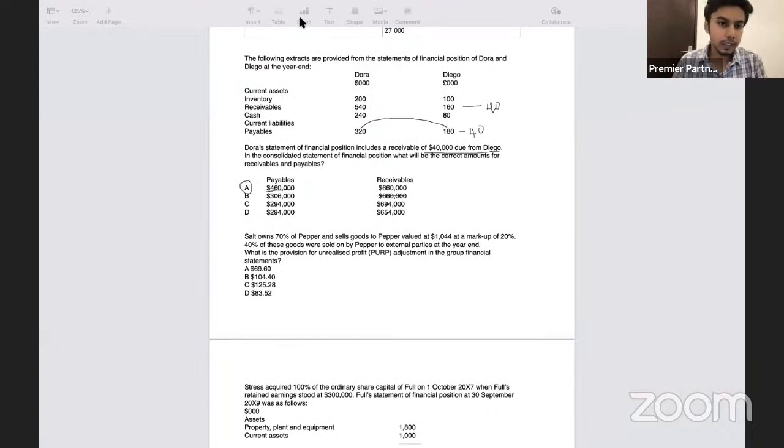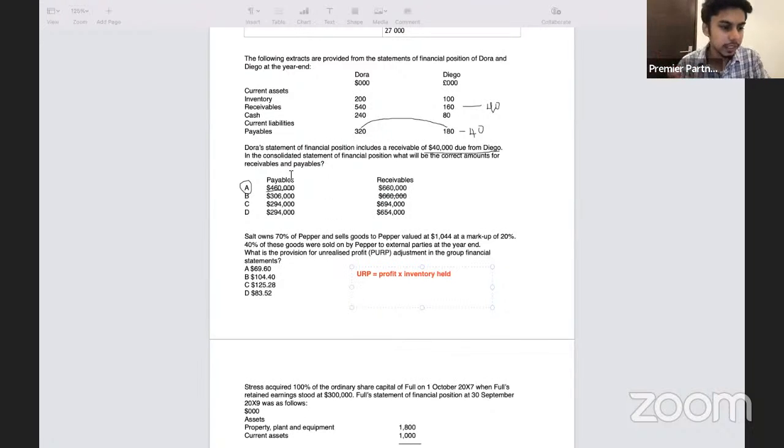Okay, right. Now, normally, how do we do URP like this? Normally the URP equation is profit multiplied by inventory held. First let's find the inventory held. Salt owns 70% of Pepper. 40% of the goods were sold.